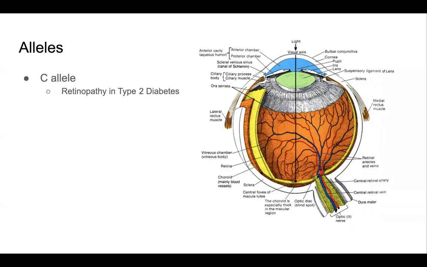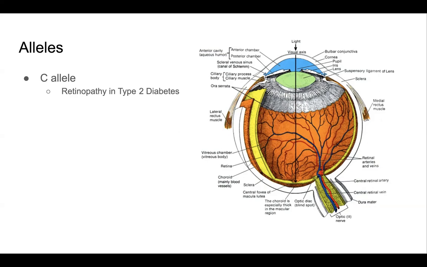In the study that I looked at, if the C allele is present in patients, there will be more of a chance that retinopathy will be an issue for you, and their results were statistically significant as well.